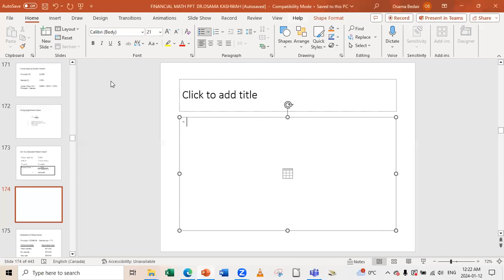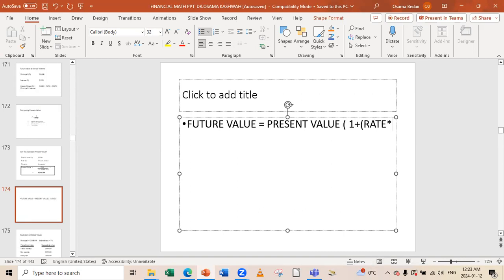We talked about the values in the previous video, and we said that the future value will equal the present value multiplied by 1 plus the rate times the time. And that's what we did before.